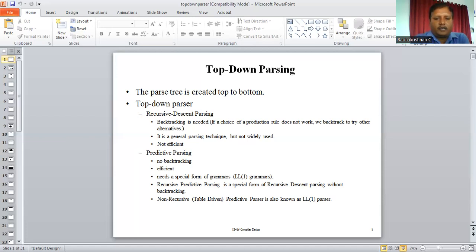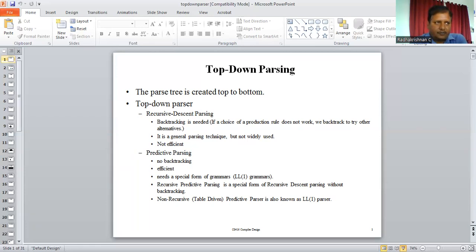So now we compute first of E, first of E dash, first of T, first of T dash, first of F. We start with the non-terminals in the sequential order of their appearance in the given grammar: first E, next E dash, T, T dash, and F. For first of E, what is the first character on the equivalent right hand side?